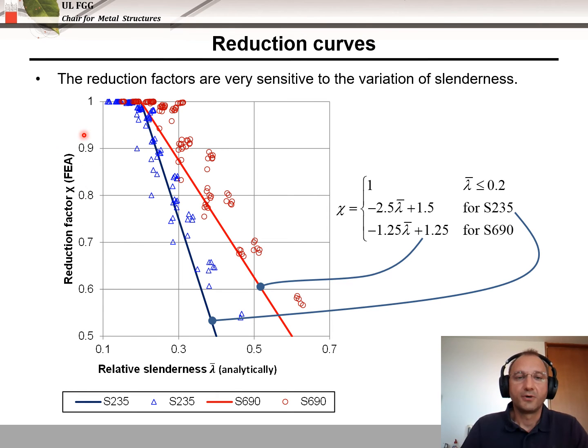In the next step, we plot the results of the numerical parametric study versus relative slenderness. We can observe trends that can be very easily described by a linear function. So there is no reduction up to 0.2 slenderness, and then a steep reduction for the two different steel types.